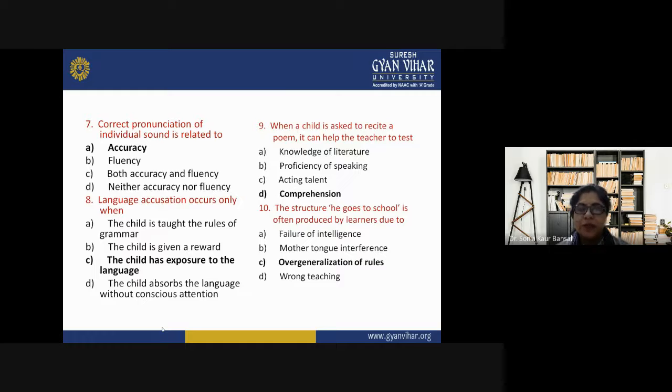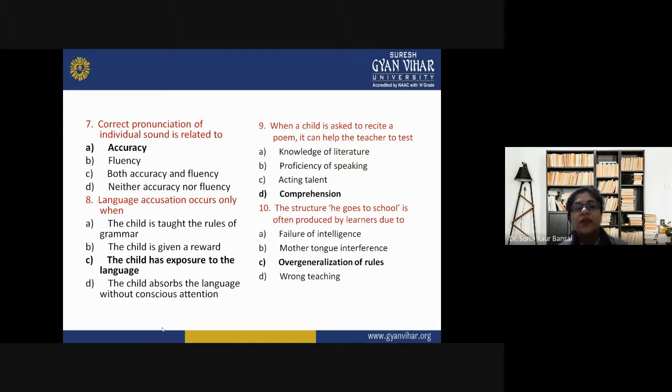Suppose you are speaking the word 'examination'. I speak it quickly, and this is accurate. But if I take more time, it doesn't matter, as correct pronunciation is important. Fluency is just taking it in that way, 'examination'. Even this is fine.